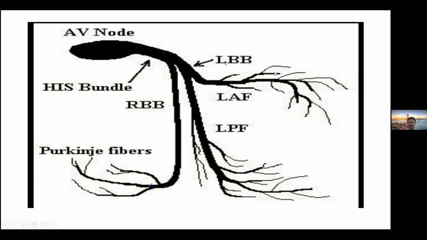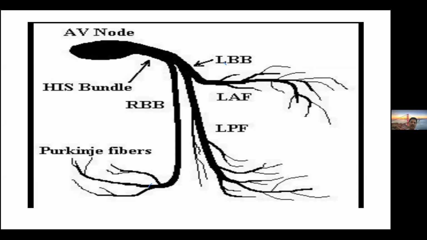Whereas see here, this left anterior fascicle is narrow, thin, and slightly superficial, and it has only a single arterial supply, so it can be affected by ischemia very, very quickly. So you have to understand, left anterior fascicle block is the common type, and left posterior fascicle block is a diagnosis by exclusion.